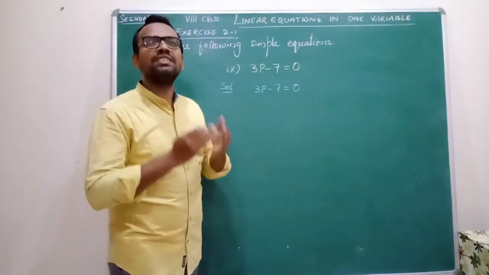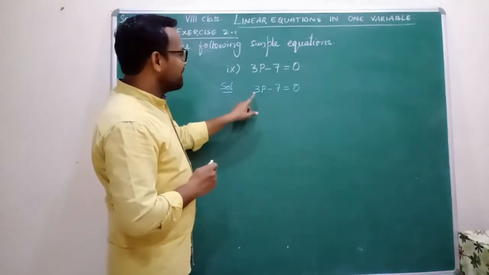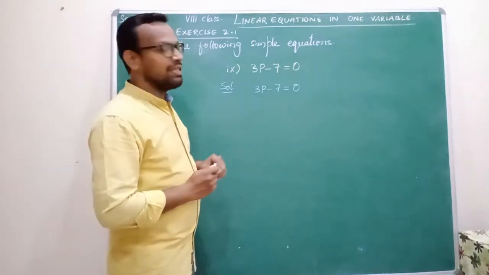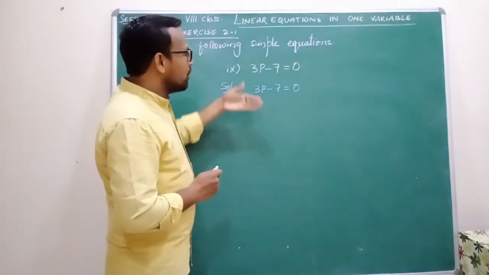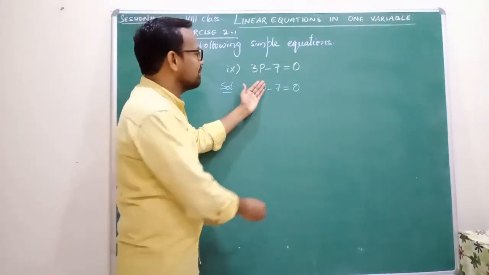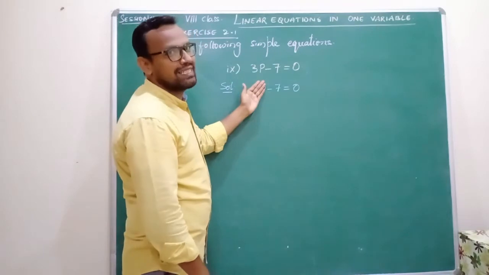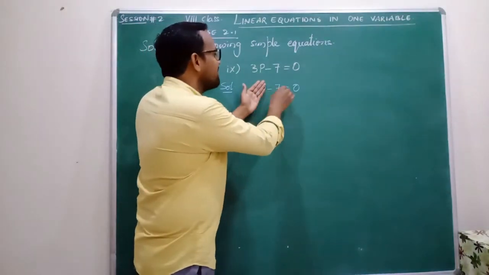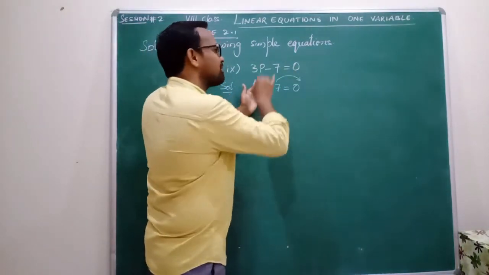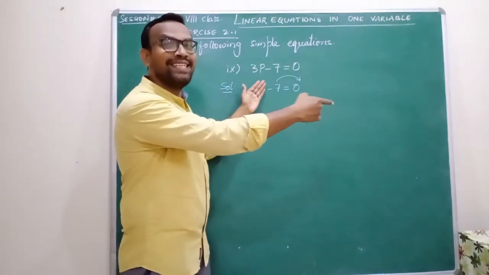Yes, the term which is not having the variable has to be transposed. Here, what is the variable in this equation? p. Now, close this variable term. Other than the variable term, what is there? 7. And what is the operation here? Minus 7. So now, if minus 7 is transposed, what does it become? Minus 7 becomes plus 7.